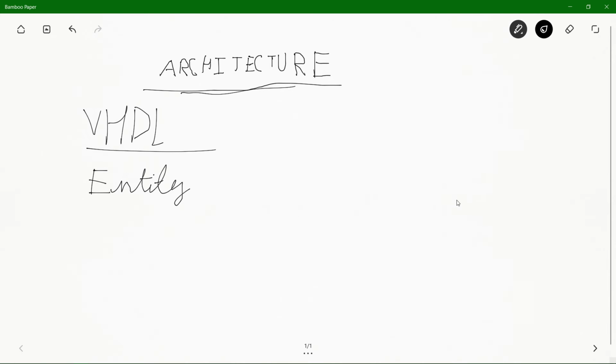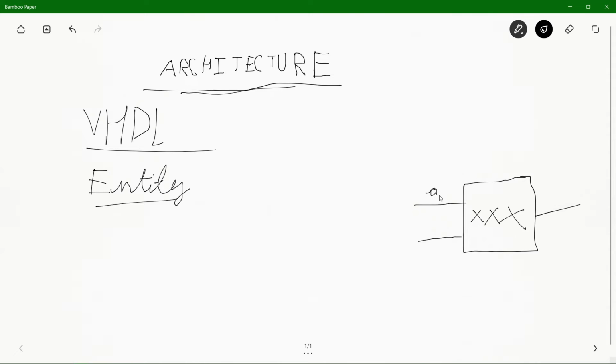What we have seen till the entity part, what my compiler is making. Suppose I am having a two input and one output system. Till my entity part, what my compiler is understanding is that there are two inputs and there is one output. Suppose I am giving this block name to be xxx.